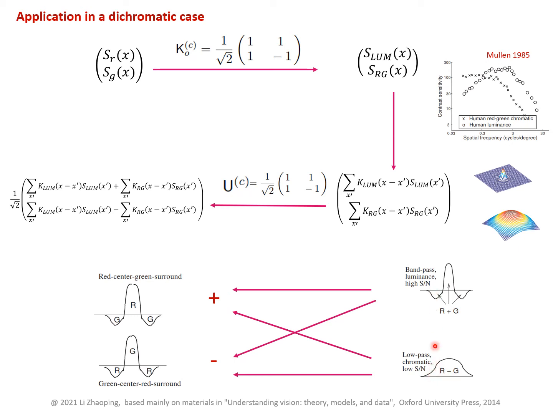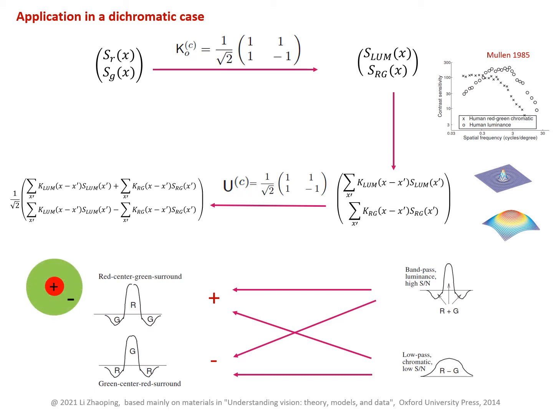So therefore the red almost cancels out, and we have inhibitory green dominating at the surround. So we have red center, green surround. Similarly for this, you can work it out. If you subtract these from each other, you will get green center excitatory and red surround inhibitory. So red center excitatory, green surround inhibitory, and vice versa.